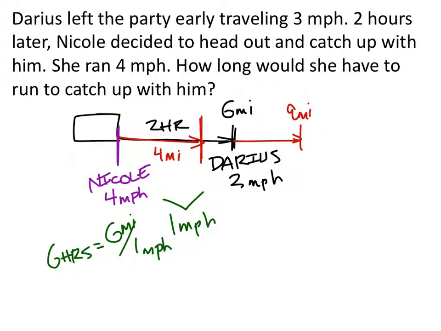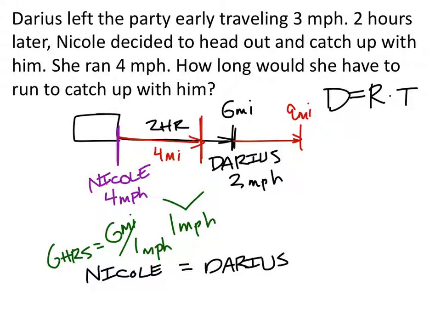All right, so we are looking at distances here. Distance is rate times time. We've got the two distances. We've got Nicole, and we want to know when her distance is the same as Darius's, even though we don't really know when that will be.